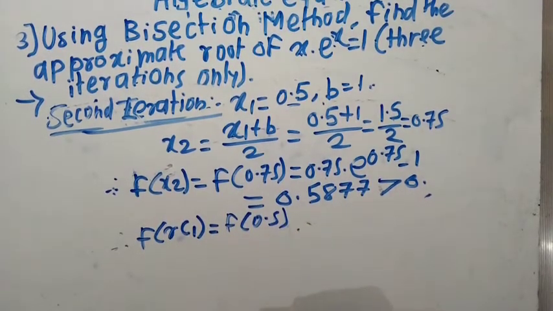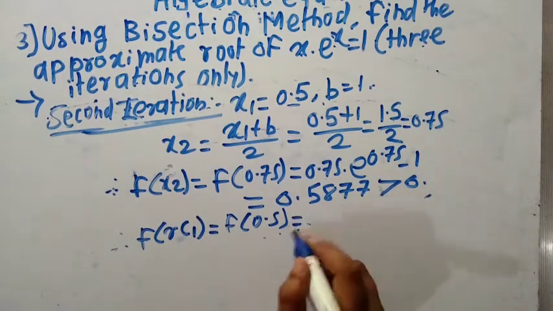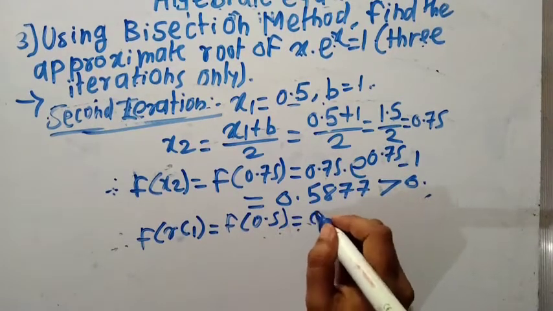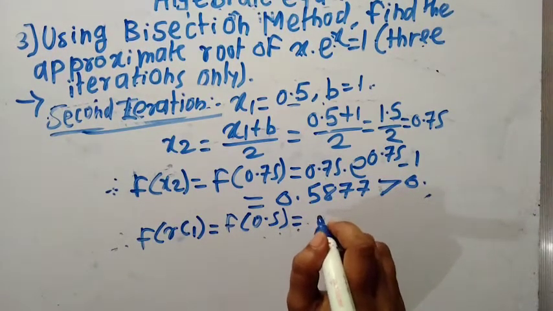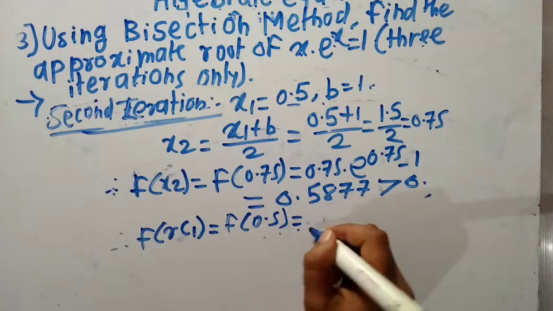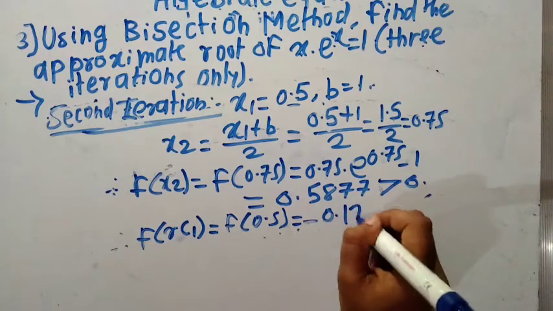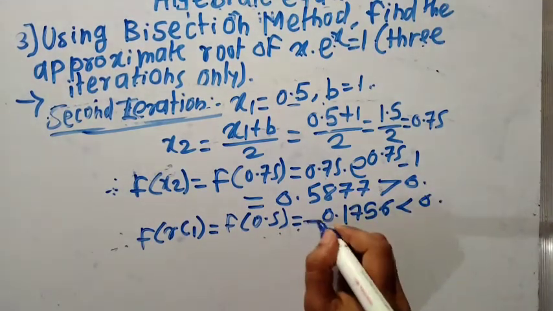So in the second iteration, we found the value of f of 0.5 is minus 0.1756 and it is less than 0.